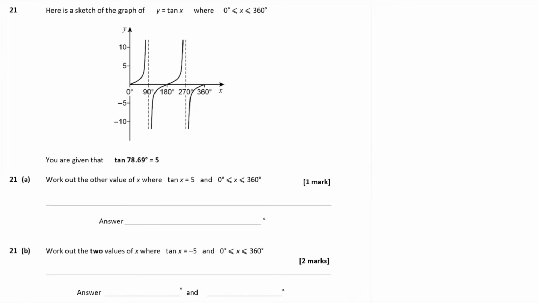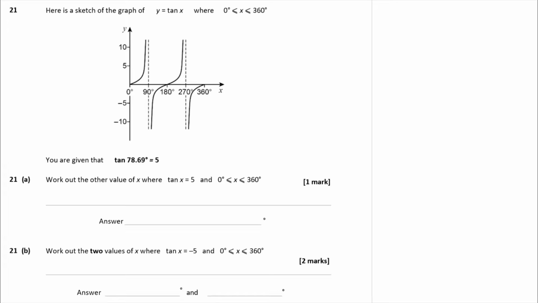Question 21. Here is a sketch of the graph y equals tan x, where x lies between 0 and 360. So we can see half of one of the curves, a complete one, and another half for the period from 0 to 360. Now we're given that tan of 78.69 is equal to 5. Work out the other values of x where tan x equals 5.